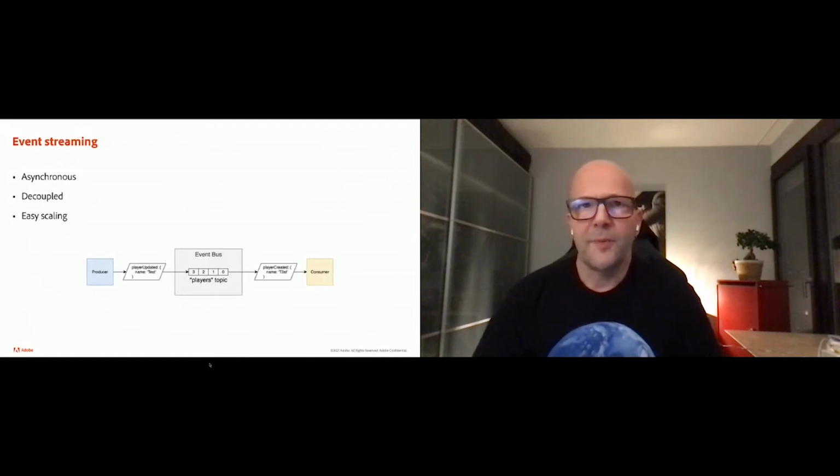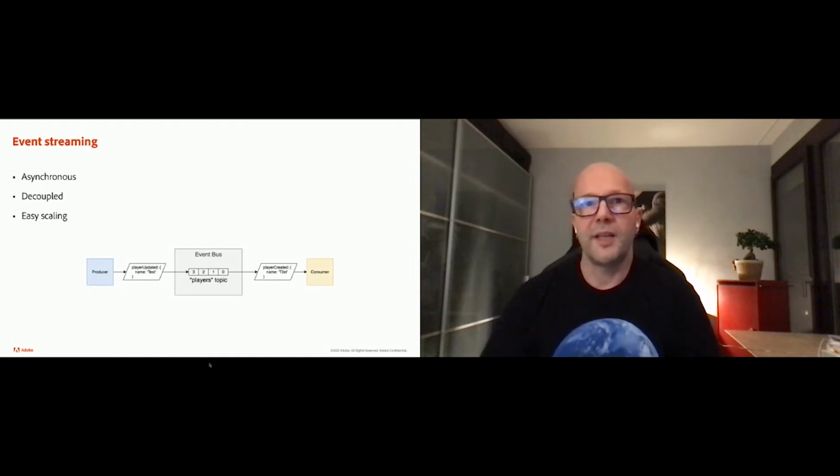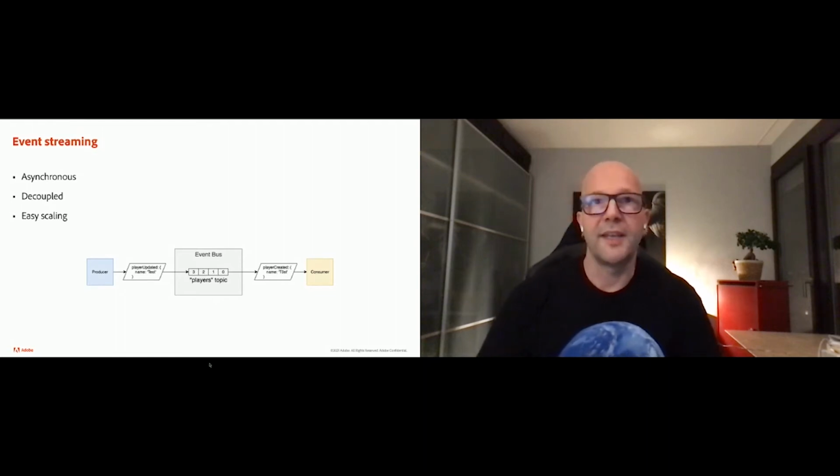That part of your application that created the event sends it off via a so-called producer to a specific topic hosted on a message broker, or event bus, as we call it. And after having done so, no longer cares. It doesn't care whether this event will ever be consumed by anything or who will consume it, and therefore it is entirely asynchronous.